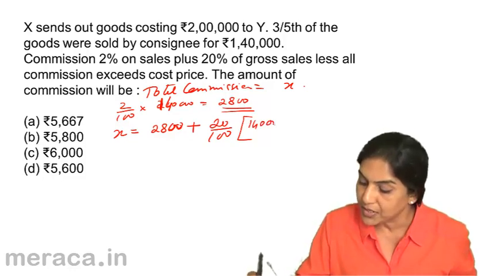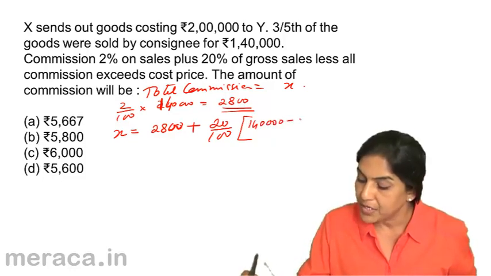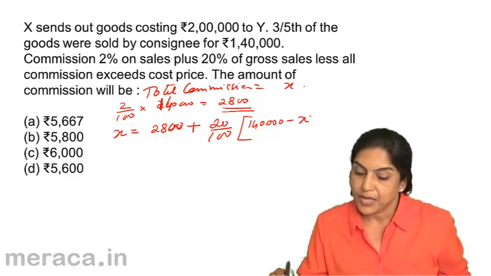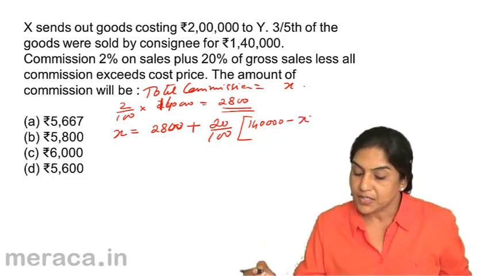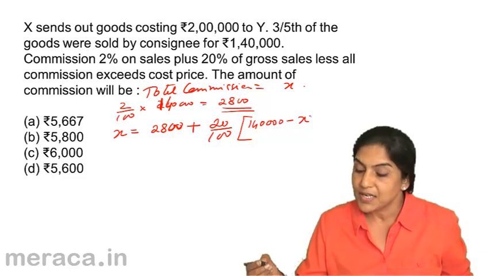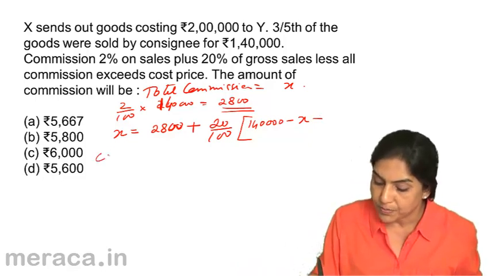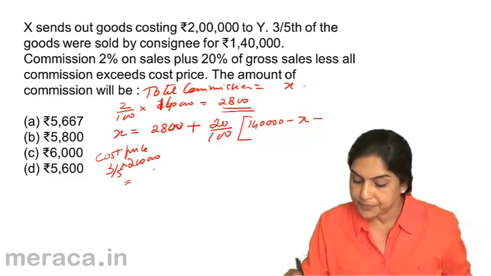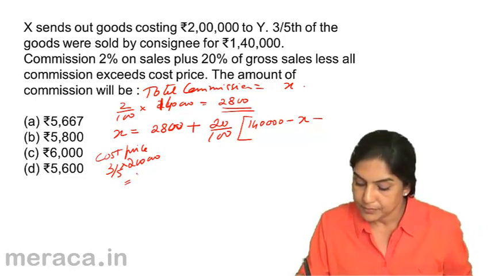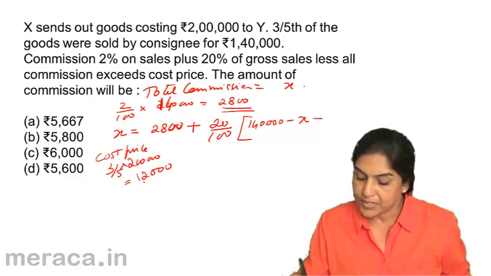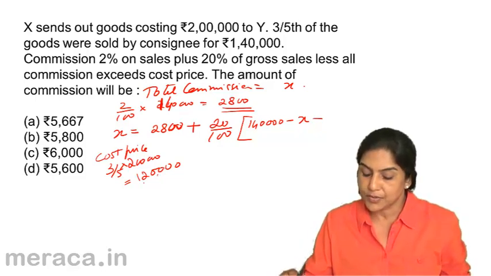It's 1,40,000 minus all commission, which is X, exceeds the cost price. What is the cost price? Cost price is 3/5 of 2 lakh. How much is 3/5 of 2 lakh? 1,20,000.